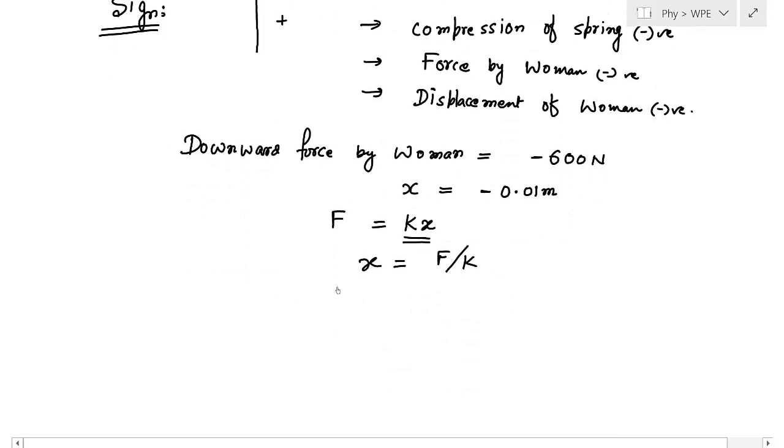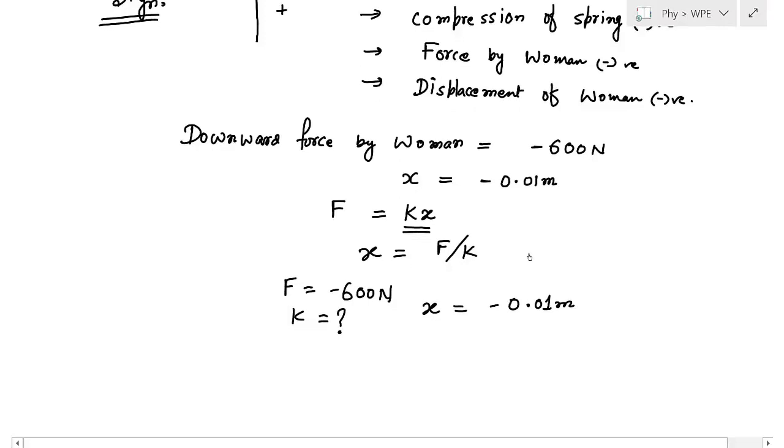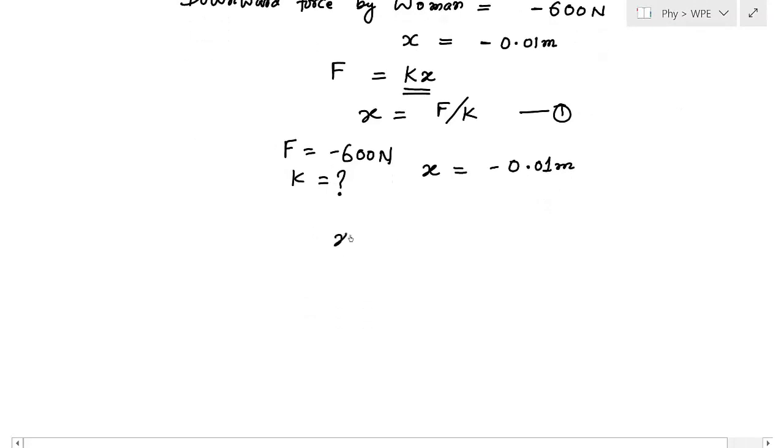Force by Bowman is equal to minus 600 Newton, and K I have to find, and x is given, that is minus 0.01 meter. So now I can plug all this into this equation. Let's call this equation 1. So I can plug all this into equation 1. I basically have to find K, so I can also write the same expression.